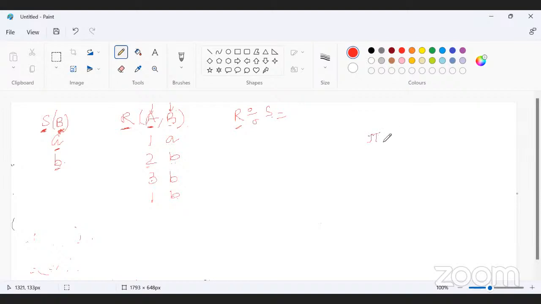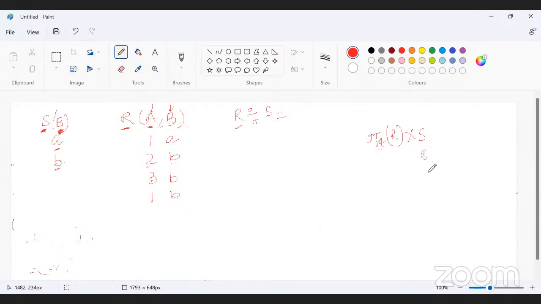So what does that mean? R minus S in the expression given in the slide: in R, A and B are present, and S has B, so R minus S is A. So we select the A attribute from R and we multiply with S. Whatever attributes are present in S, we multiply that.